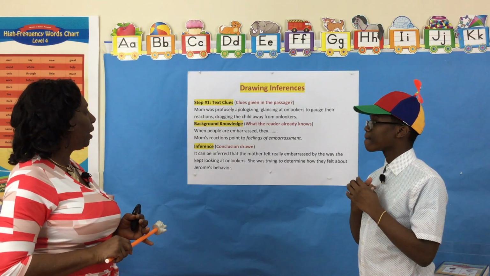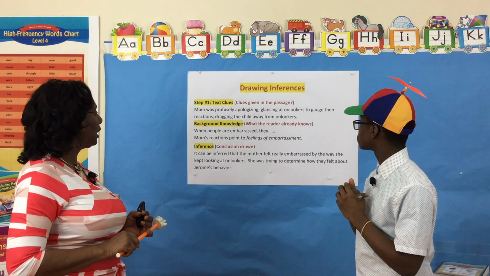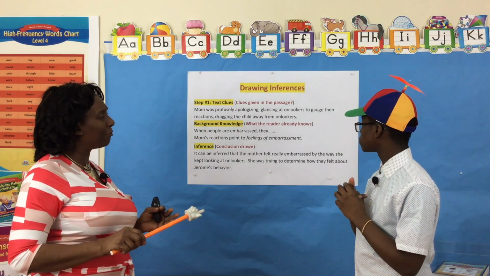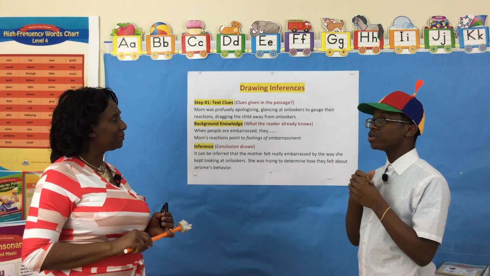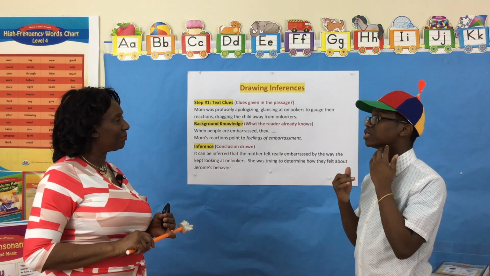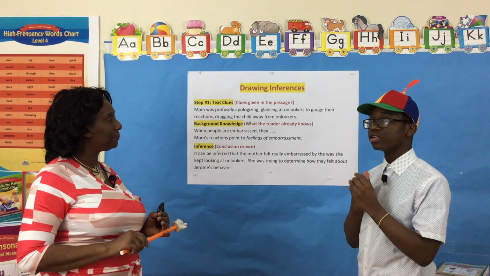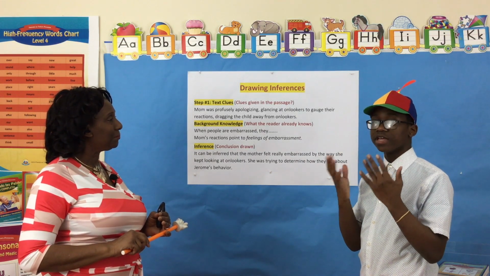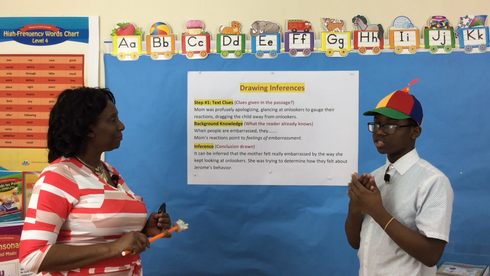Okay. And what about glancing at onlookers to gauge their reactions? What's your background knowledge about when people are doing that? They want to understand what people are thinking of the situation. So as in this particular situation, she wanted to understand what they were thinking about Jerome having a tantrum.